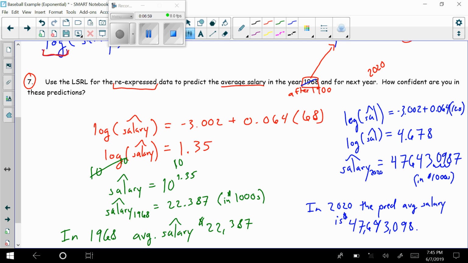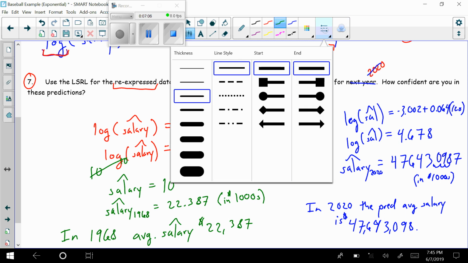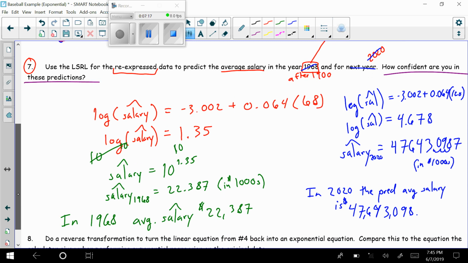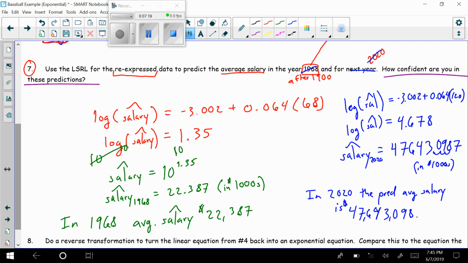I have done 1968 and next year, 2020. I did both those. Now it's time to answer this question. Let me get a different color here. How confident are you in these predictions? It's a simple but loaded question here.